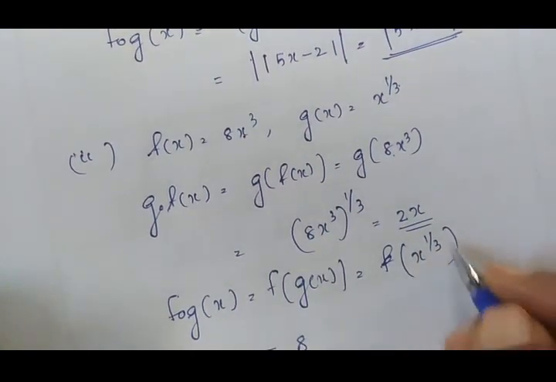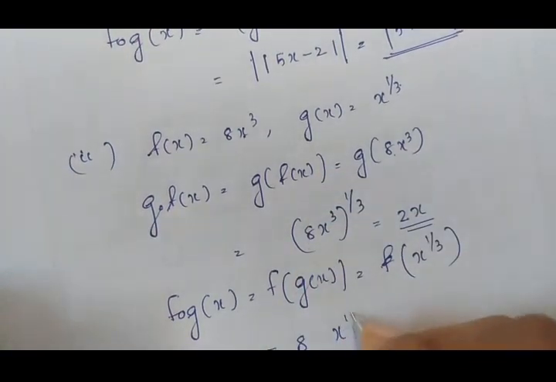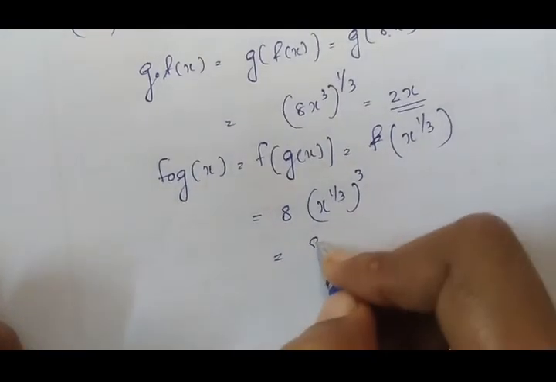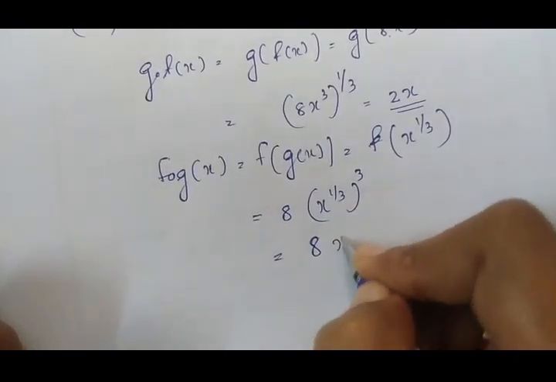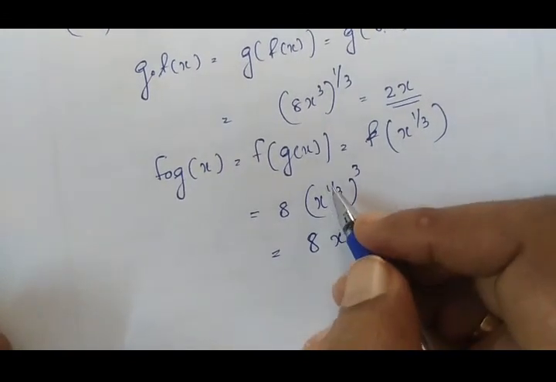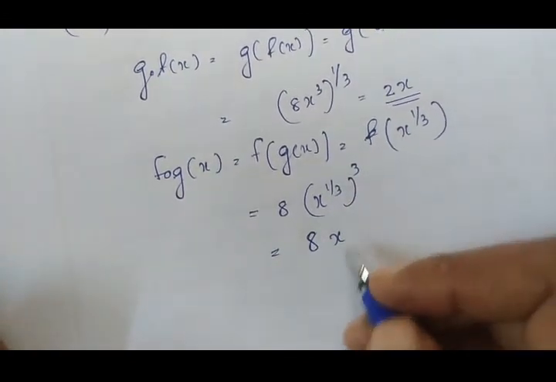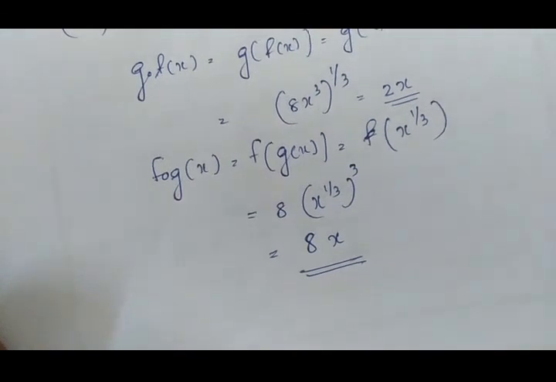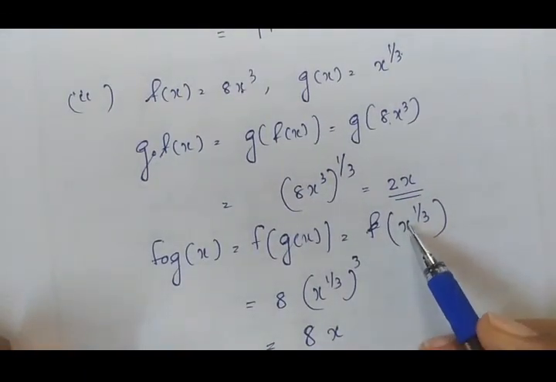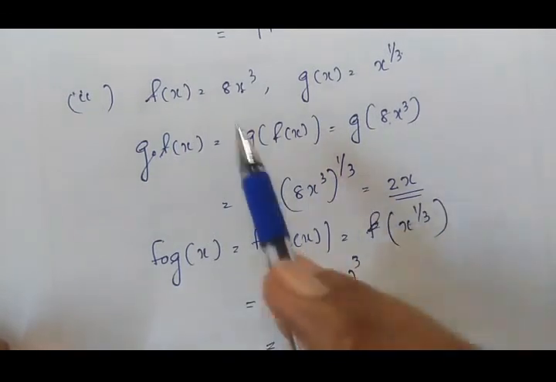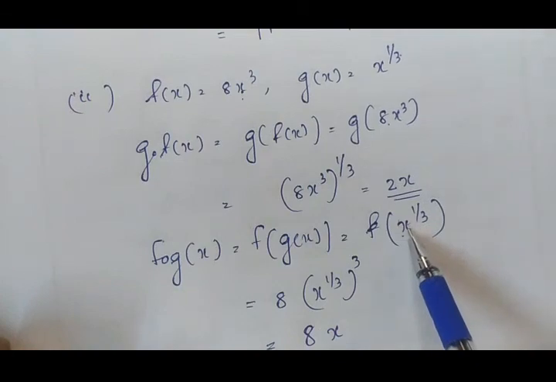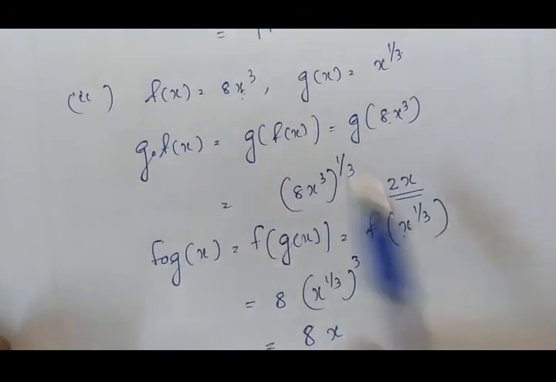Here the x value is x raised to 1 by 3, so 8 times x raised to 1 by 3, the whole raised to 3. As a raised to m, the whole raised to n, is a raised to m times n, so 1 by 3 times 3 cancels, giving 8x.